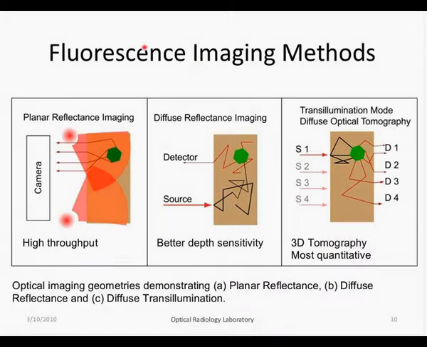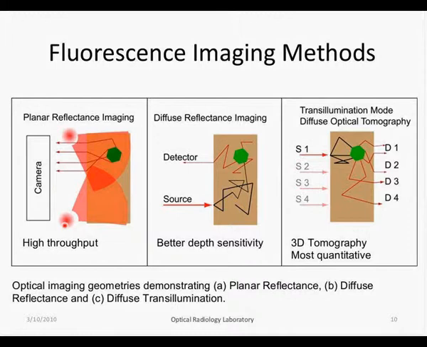This is throwing away a decent amount of the signal that is just lost in different directions, but because you can provide a large amount of excitation and the detectors are very sensitive, you're still able to detect signals up to tens of centimeters below the surface, and that's at optimal conditions.